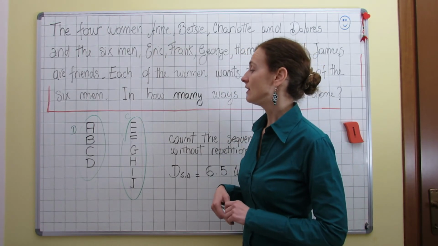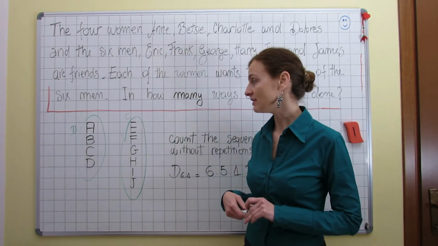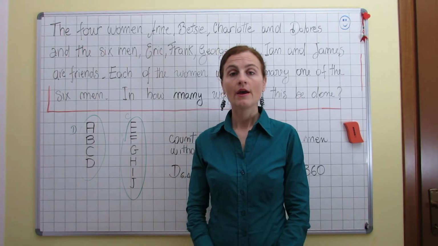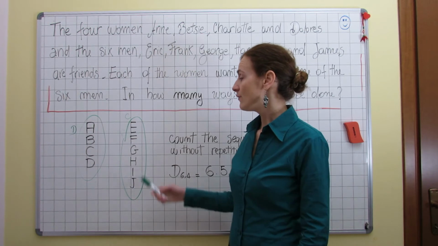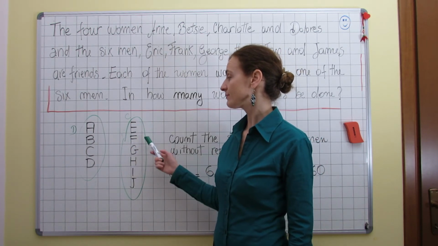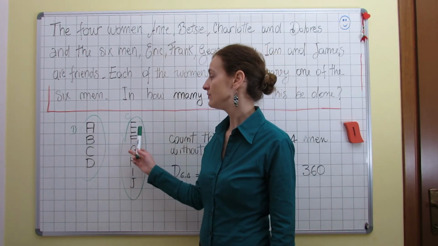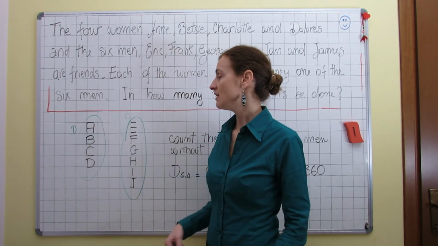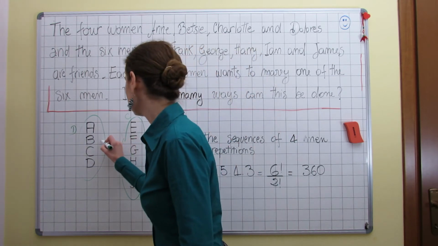Now, let's revise the definition of injective function and surjective function. An injective function is a function where for every element of the set C there is maximum one counter image or one pre-image in the set D. So you will not find this situation.